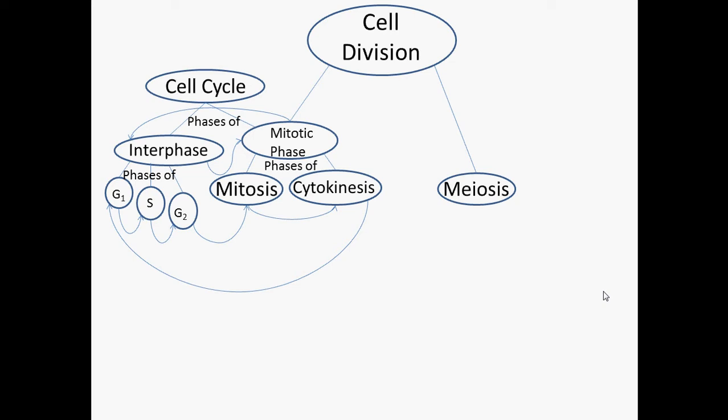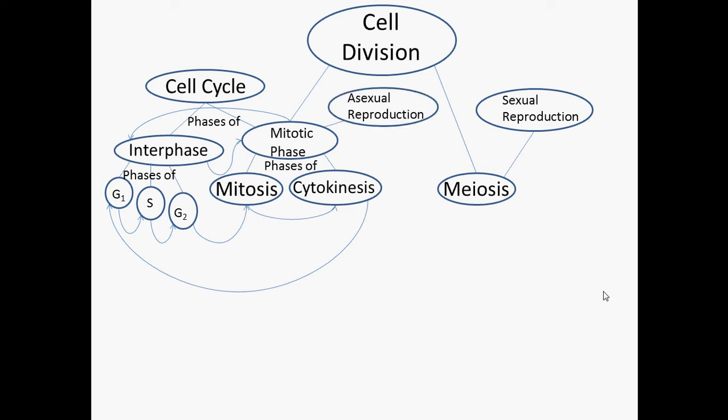Well, meiosis is a type of cell division that helps with sexual reproduction. Now we should recognize that one of the functions of the cell cycle in mitosis is asexual reproduction. Hopefully you remember this already, but I just said that one of the functions of the cell cycle in mitosis is asexual reproduction.